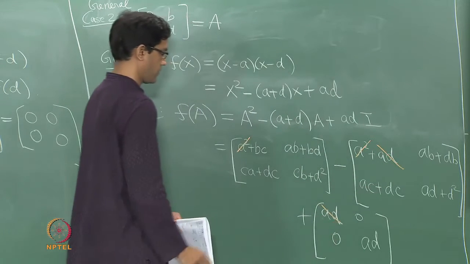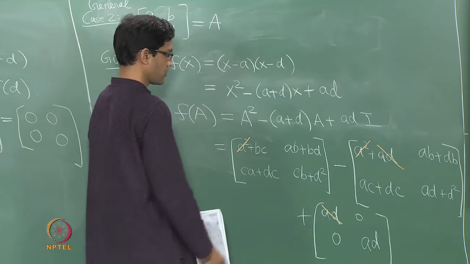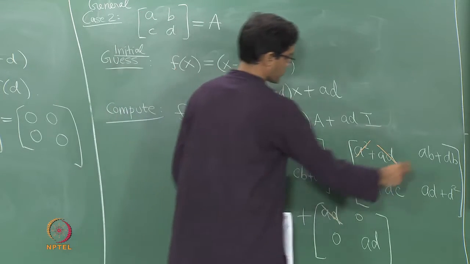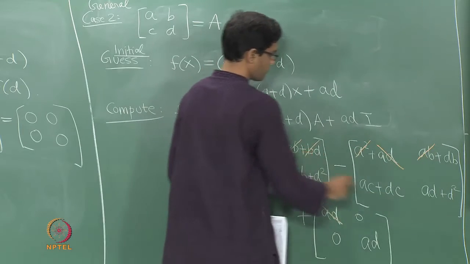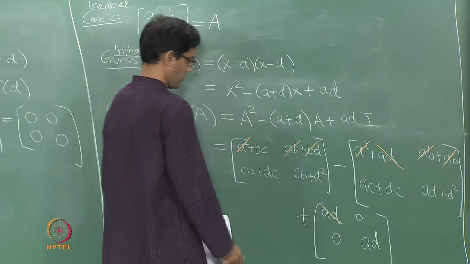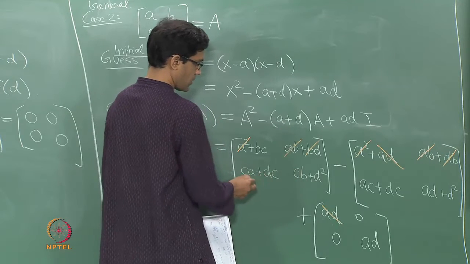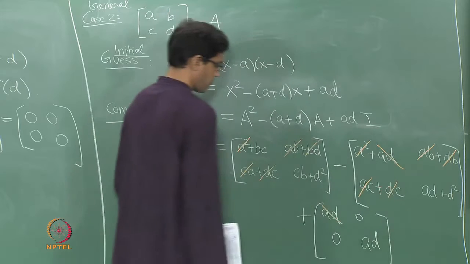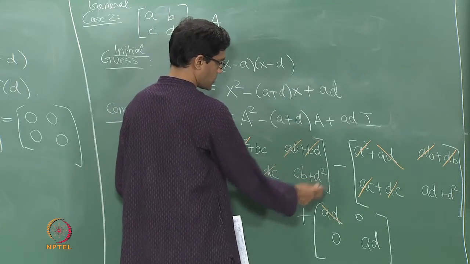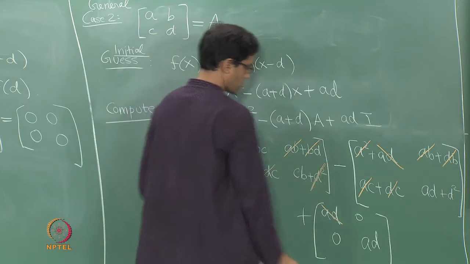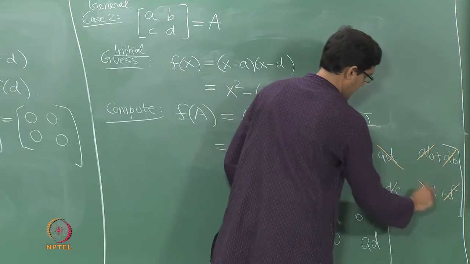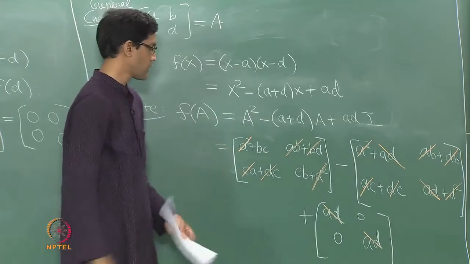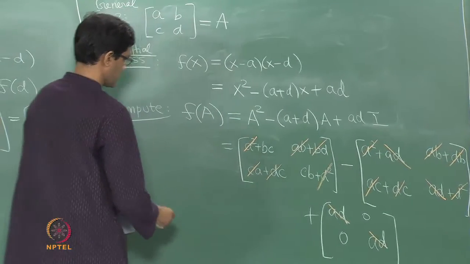Similarly, I have ab and ab in the second term, which cancel each other out. I have bd, which will again cancel the bd. Similarly here, ca plus dc are the same terms, they cancel each other. And here I have cb plus d squared, so the d squared cancels the d squared and the ad cancels the ad. Okay, I did this a little quickly, you should check this out more leisurely.